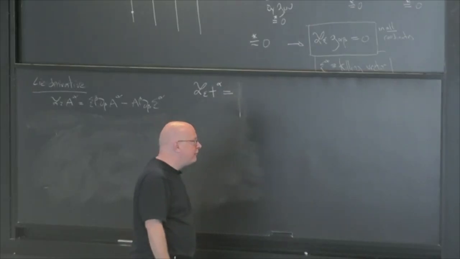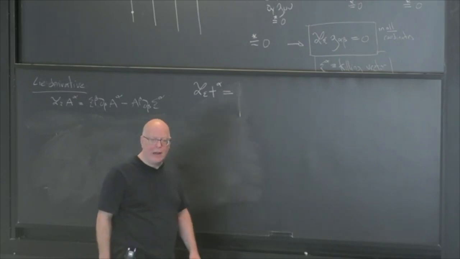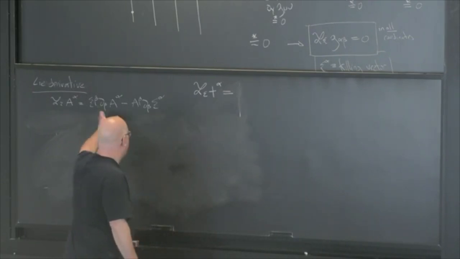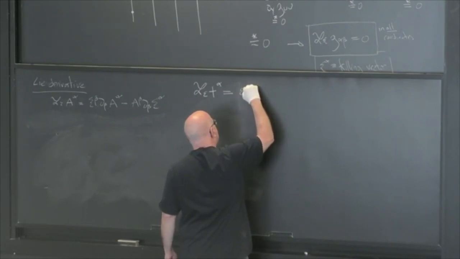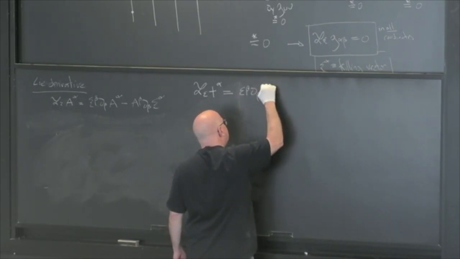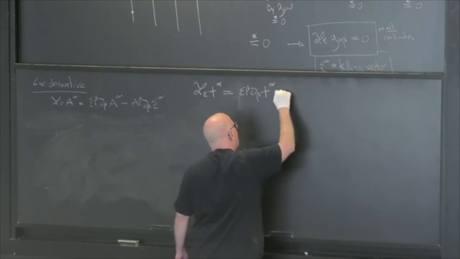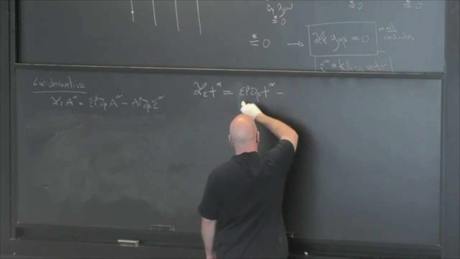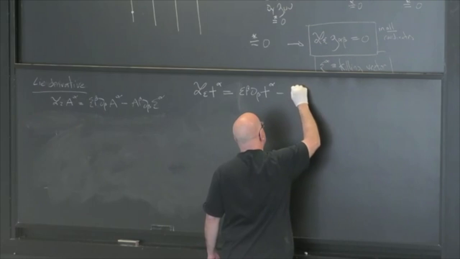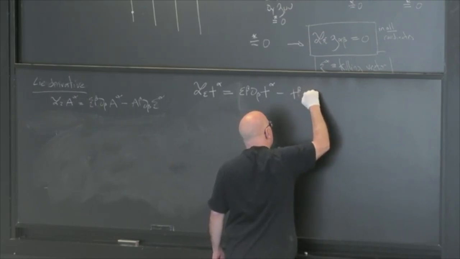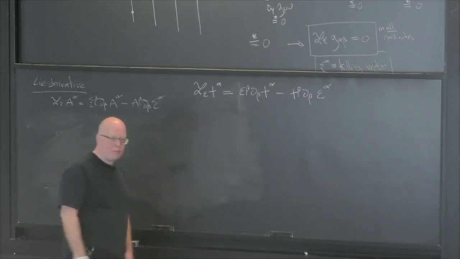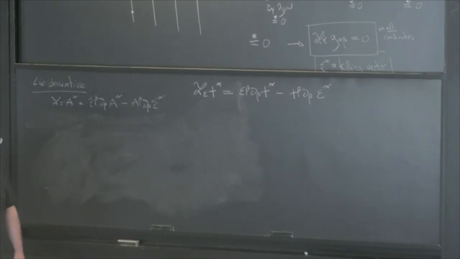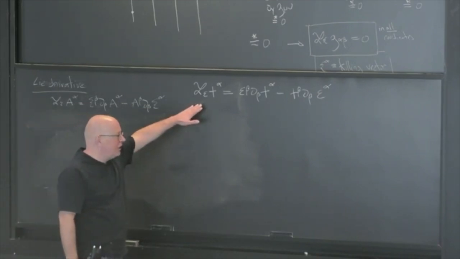If I use the raw form here, what I'm dealing with is the partial derivative of t with respect to epsilon in the direction of epsilon, minus the derivative of the epsilon vector in the direction of t. So here I'm going back to the partial derivative statement of the Lie derivative.